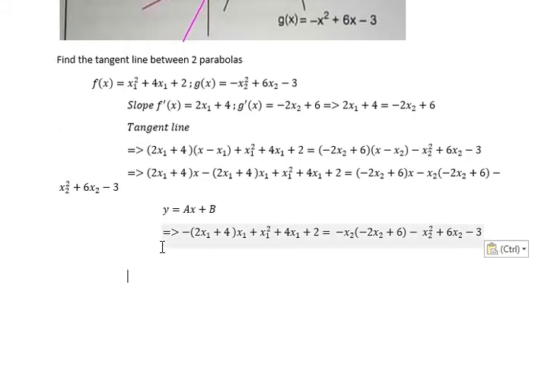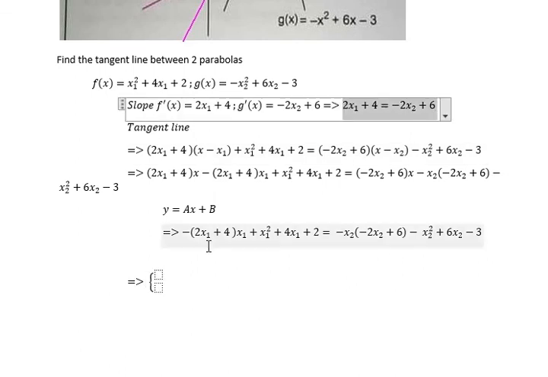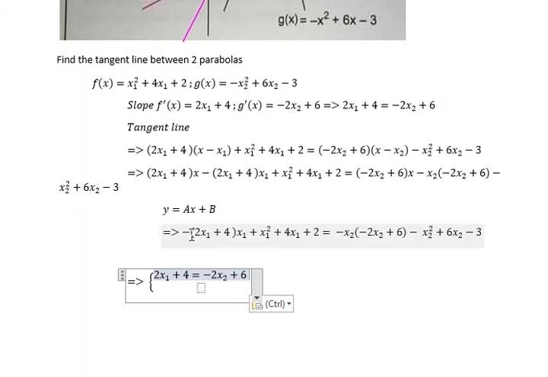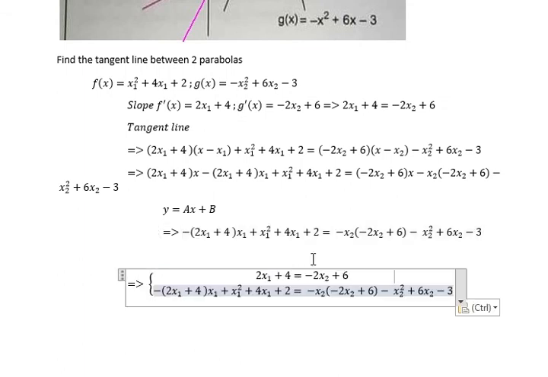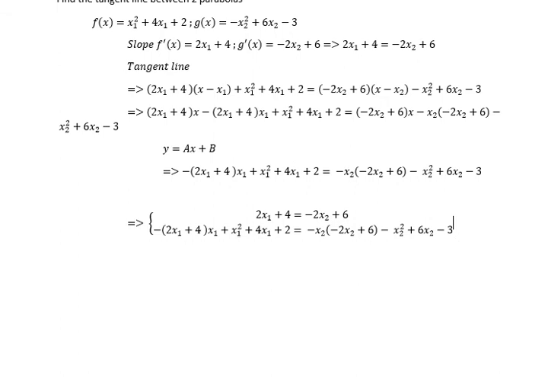Now we can create the system of equations. After we create this, we can find the values s1 and s2.